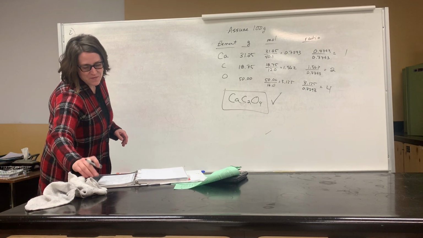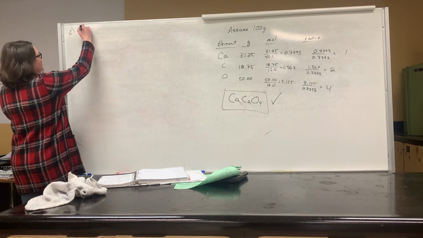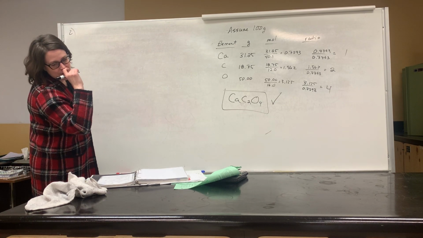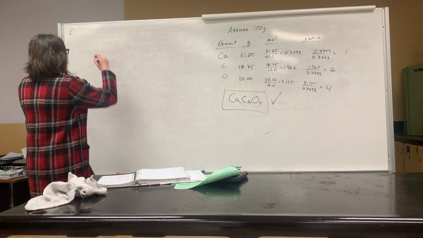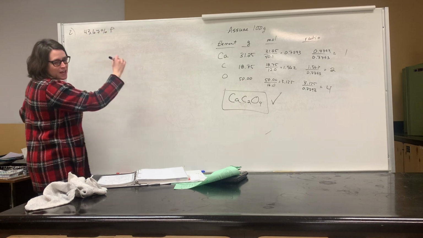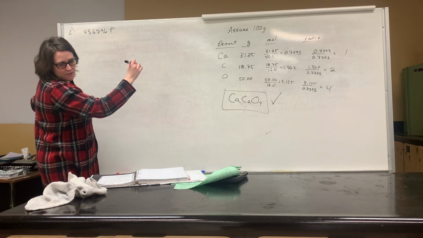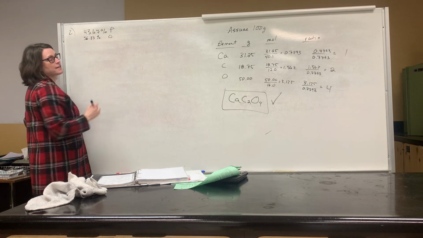Thank you. Okay, so our next example is going to be, here we are going to take a compound that is 43.67% phosphorus, and then the rest of it, 56.33%, is oxygen.